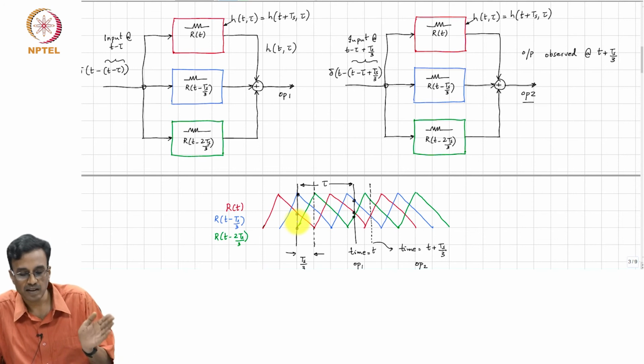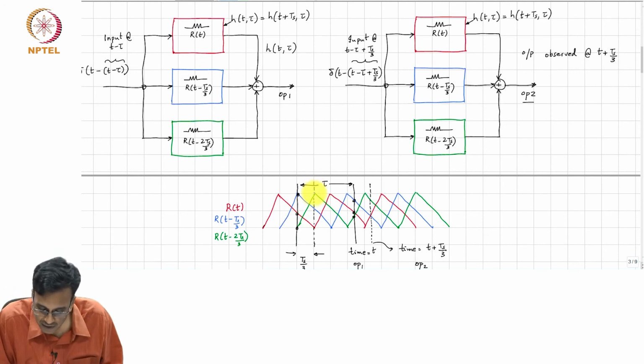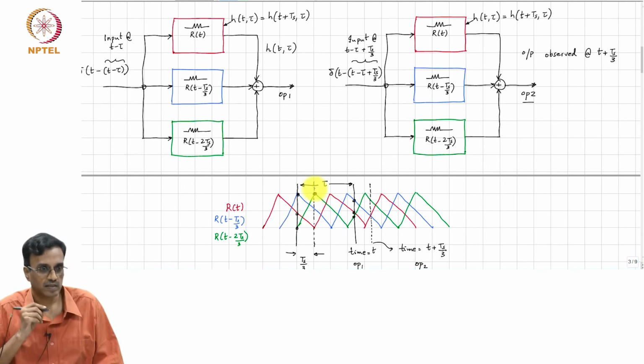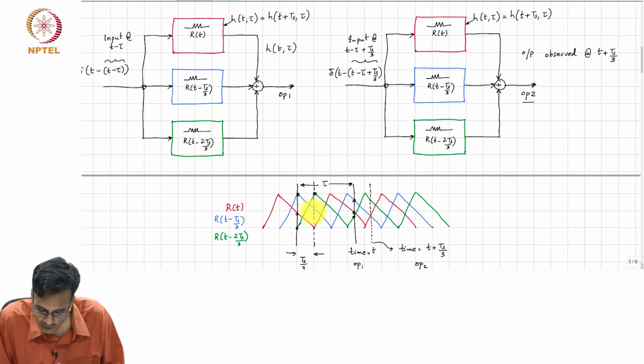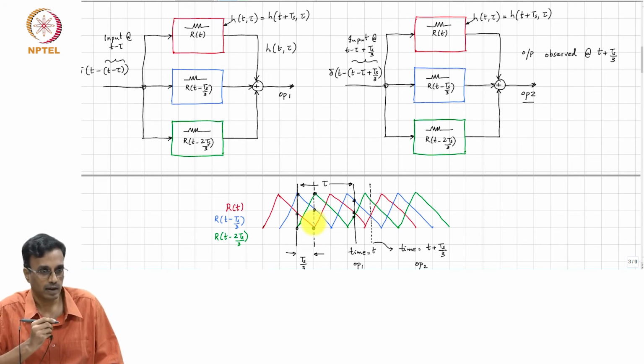Now, if we excited the system after Ts by 3, the green box has that value of resistance, the blue box has this value of resistance. I think my diagram drawing is not as good as it should be, but okay, and the red box has this value of resistance, correct.